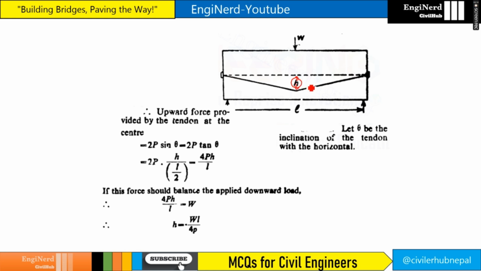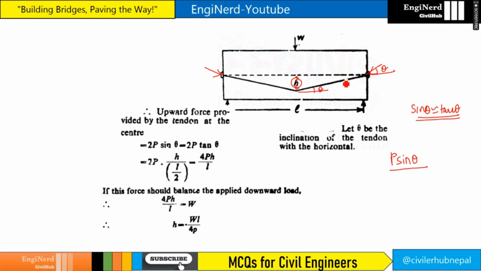Theta is taken as this angle. So the pre-stressing force P, and now P sine theta is the upward force. Since theta is small, we can consider sine theta equal to tan theta, right?